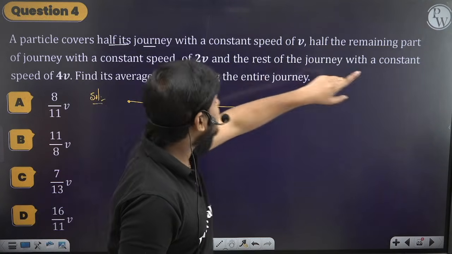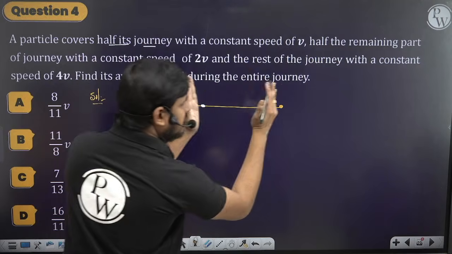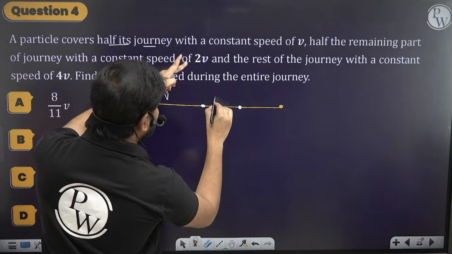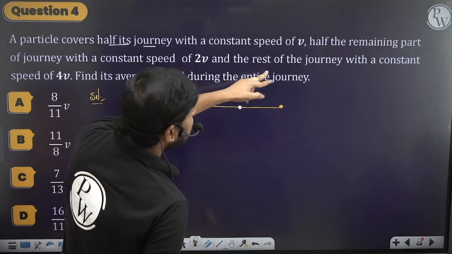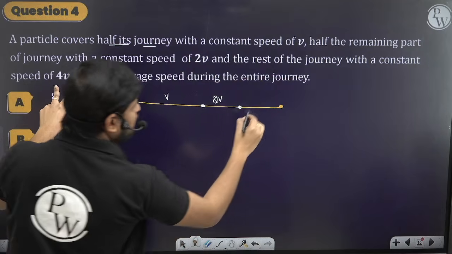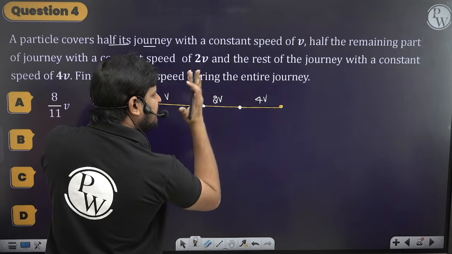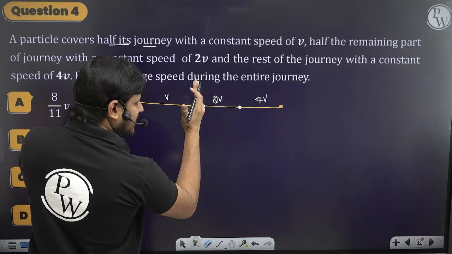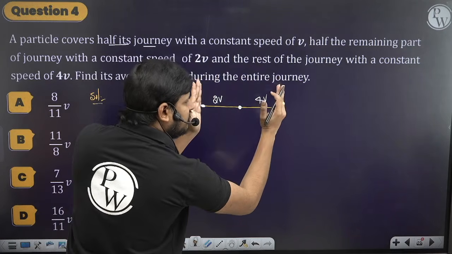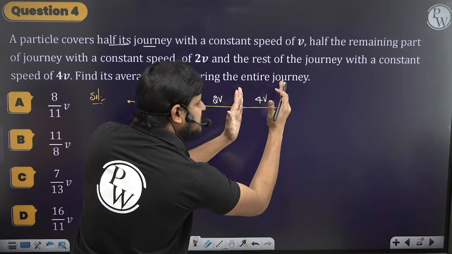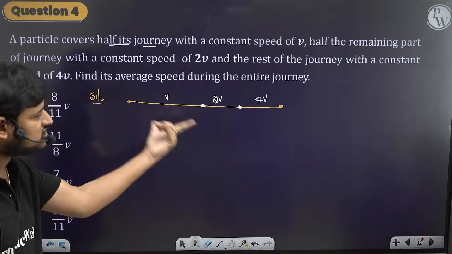In the remaining part, again half it's covering with a constant velocity 2v, and then the rest of the journey with a velocity 4v. Understanding? So in the first half it's maintaining velocity v, and then in the remaining half, again half it's maintaining velocity 2v, and the rest half it's maintaining velocity 4v. So that's the question, right?